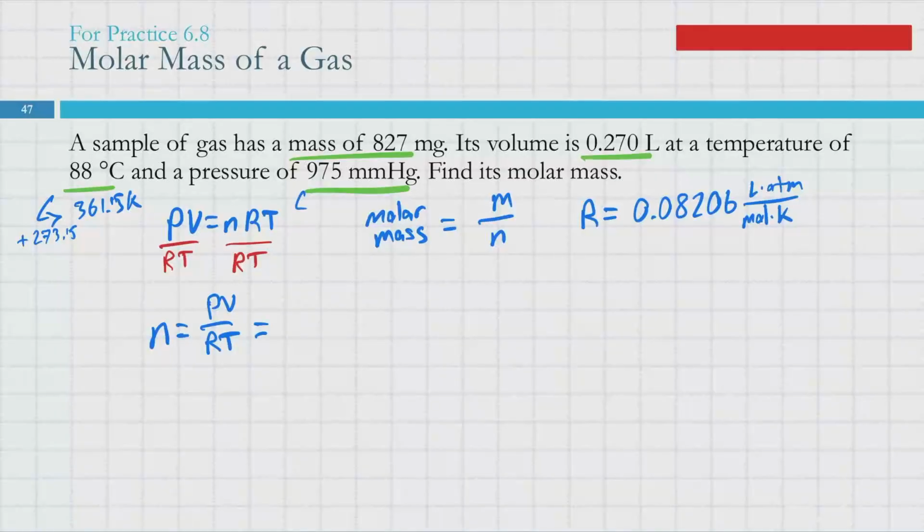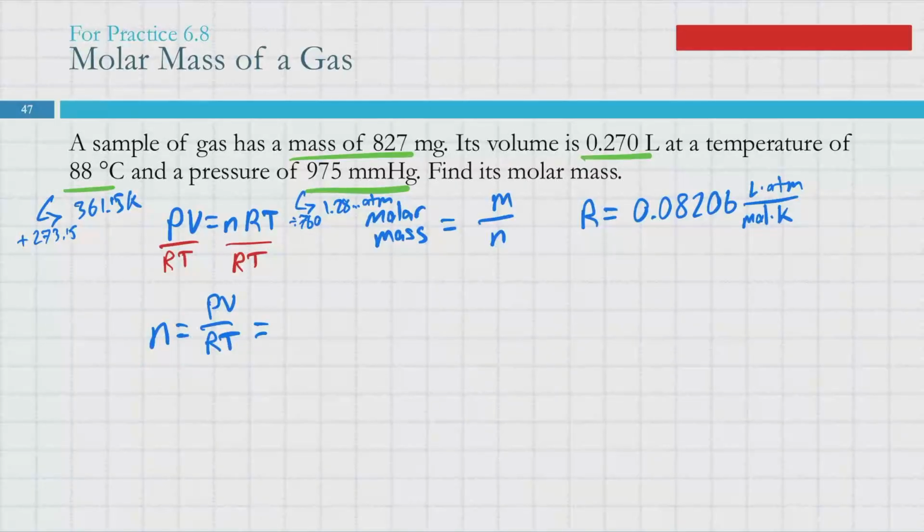Our pressure, we're going to divide by 760. There's 760 millimeters mercury or torr in 1 atmosphere. So 1.28 and change atmospheres. And now we can go ahead and solve for our number of moles.